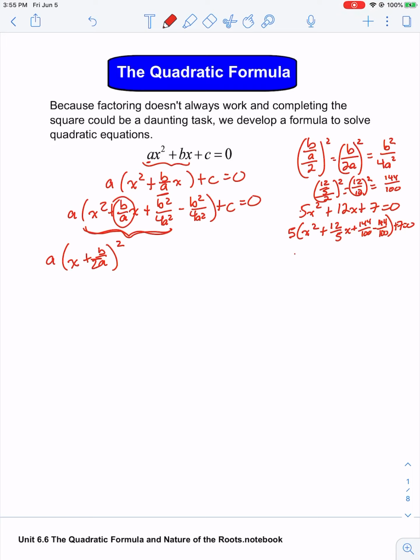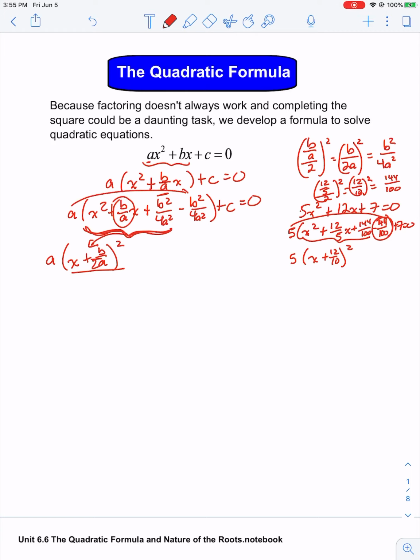So in the example over here, it would be 5 times x plus 12 over 10 squared, which I know is 6 over 5. And then you would multiply the a through to this last term that gets subtracted. So these three terms have been taken care of with that binomial squared.